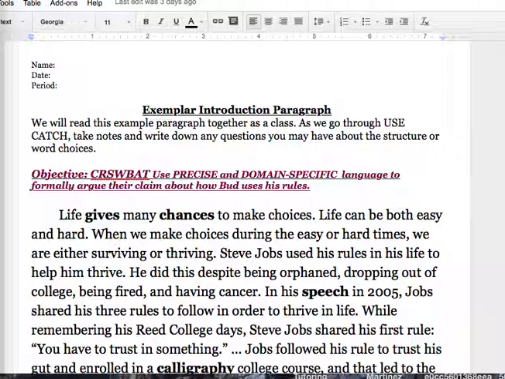You're proving that Bud's rules are either made to help him survive or thrive. Well, in this instance, we're using Steve Jobs' speech as an example. Does he use his rules to help the students thrive or survive? He builds this up, and we're going to see this in just a minute. And then the last thing is, what is your claim?